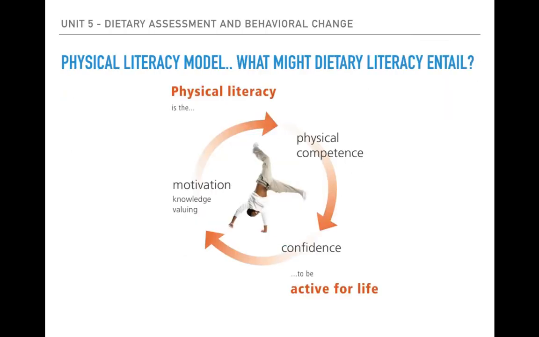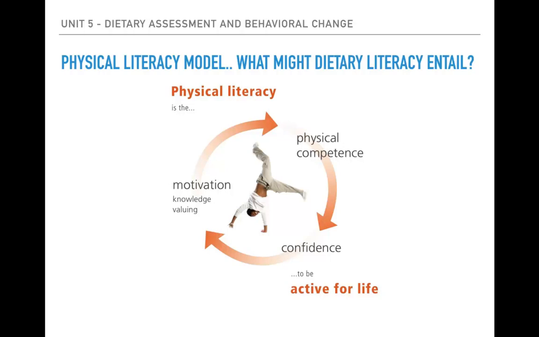My wife is a researcher in childhood obesity, and in her field they have a somewhat new model which encompasses the aspects of what's known as physical literacy. And this includes the physical competence. They think about their fitness levels, motor skills, ability to perform tasks in common sports like kicking and throwing and such. Then there's confidence, which gets at the self-efficacy and self-concept, how well they think that they can perform.